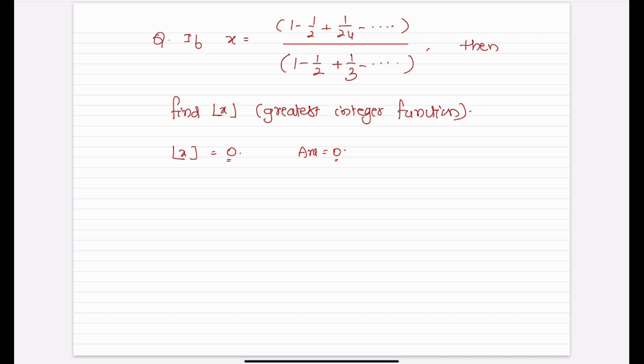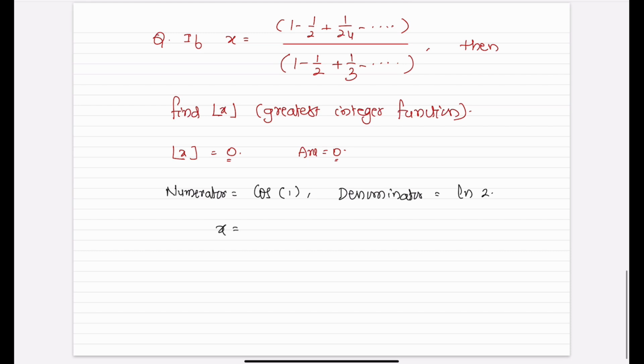I will give the hint here. The numerator is cos 1, denominator is ln 2.